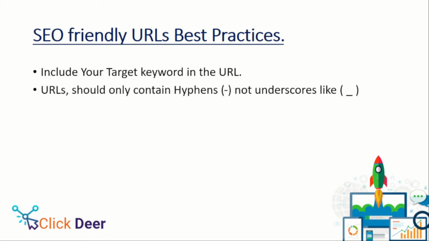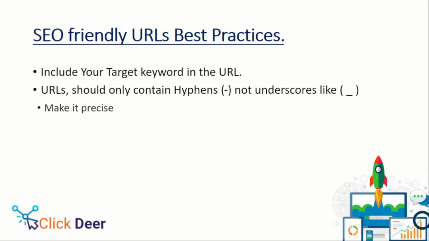Second one is your URLs should only contain hyphens, not underscores. In most CMSs, you do not have to do this manually. Instead, you have to provide your target keywords to the URL slug, and plugins like Yoast SEO or RankMath in WordPress automatically put the hyphens within your URL slug.